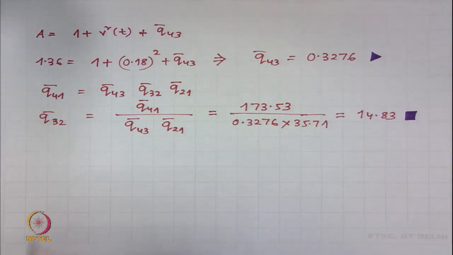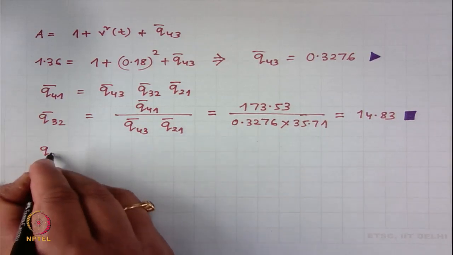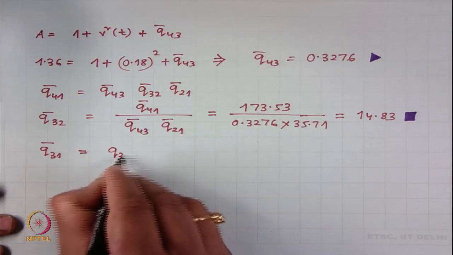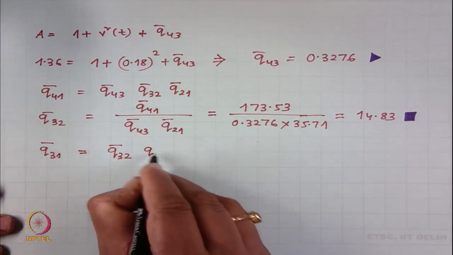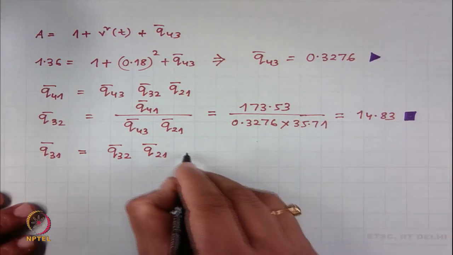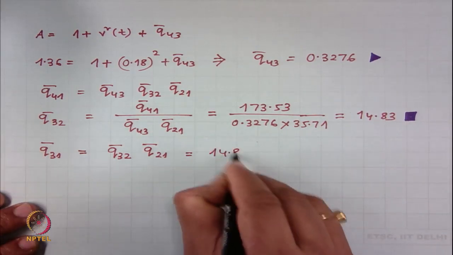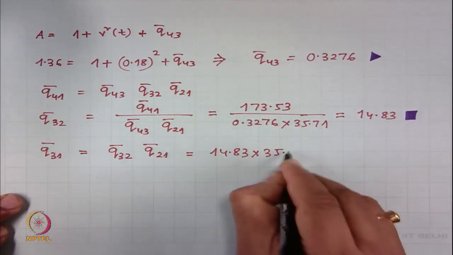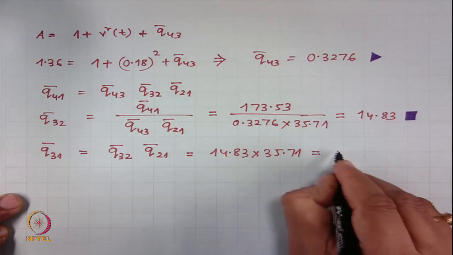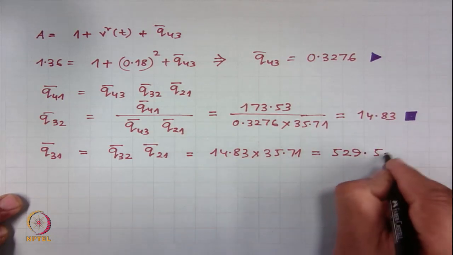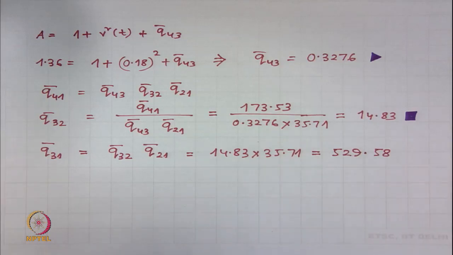Then we use another expression Q 31 is equal to Q 32 Q 21. Then Q 32 is 14.83 and Q 21 is 35.71. 529.58, so large number.